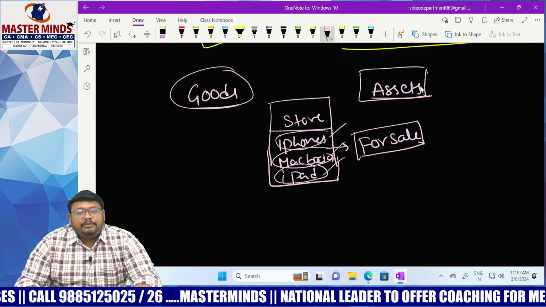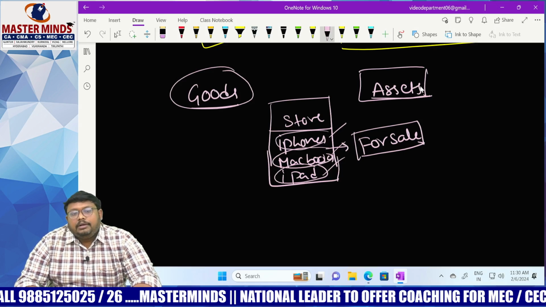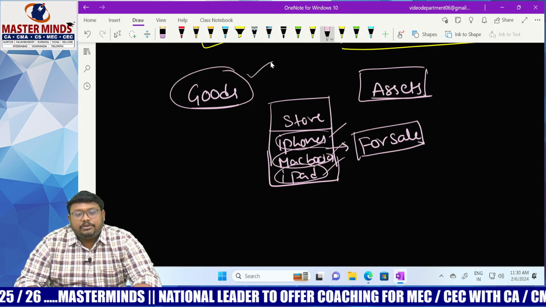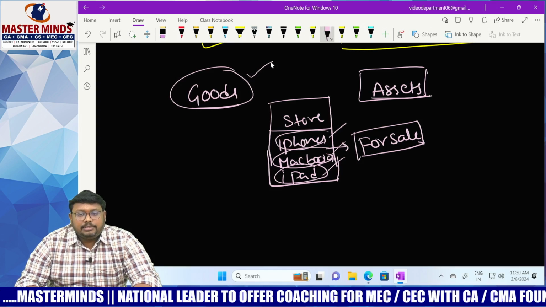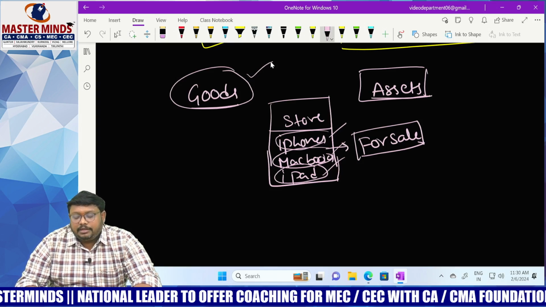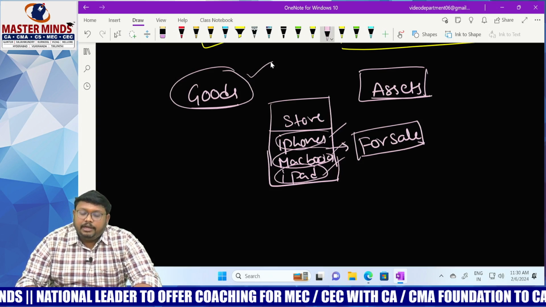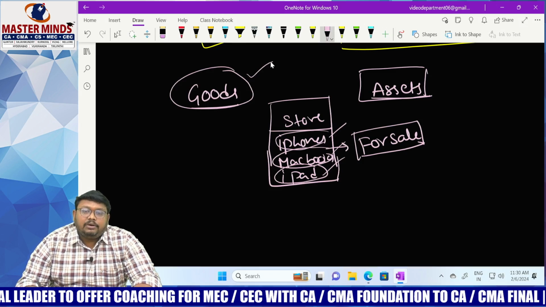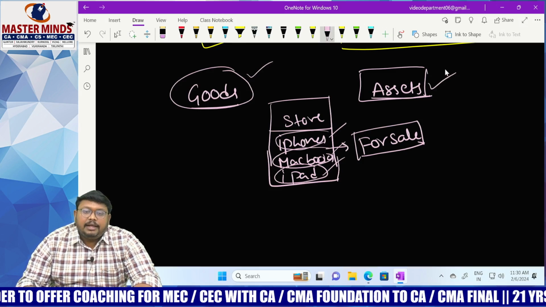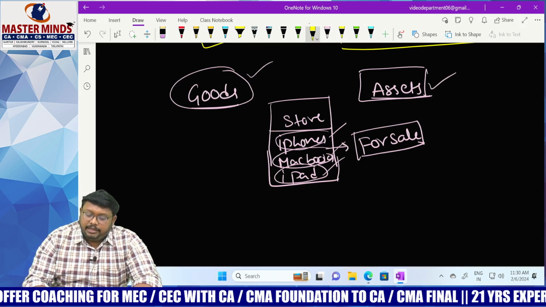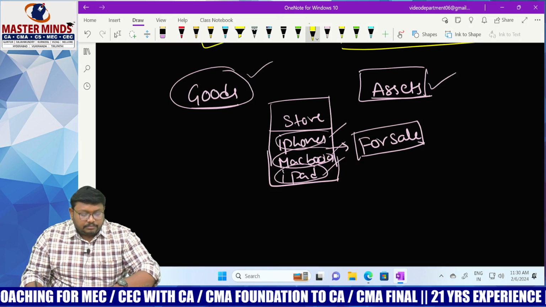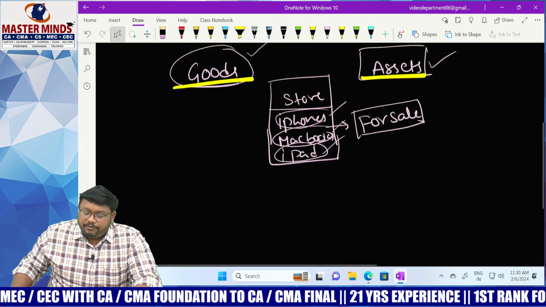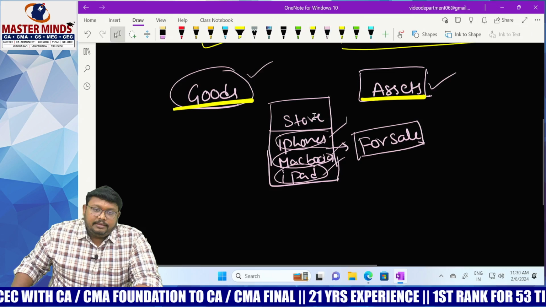In simple language, in the Apple store, the iPhones, MacBooks and iPads held for sale are represented as goods, and what they use to sell those goods is assets. Generally the furniture is kept for customer comfort, and they display some televisions to show the features of their products. These are all assets for them. In a broad way, goods are meant for sale and not to stay in the business.